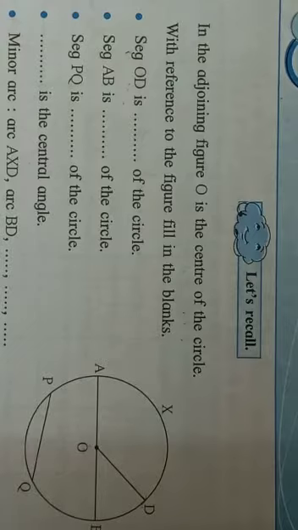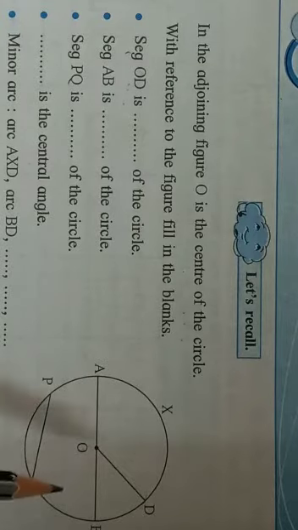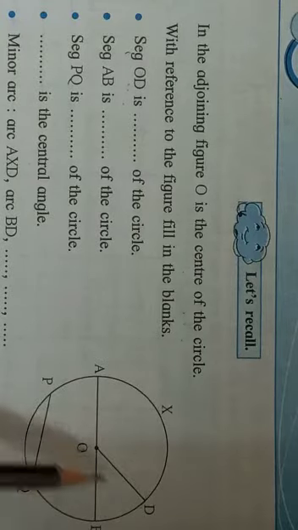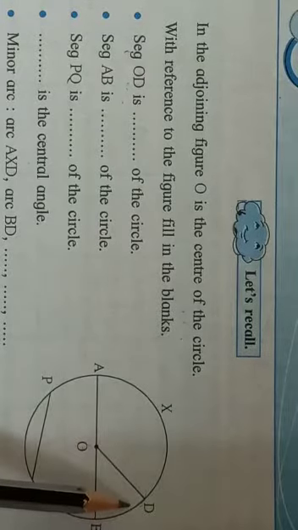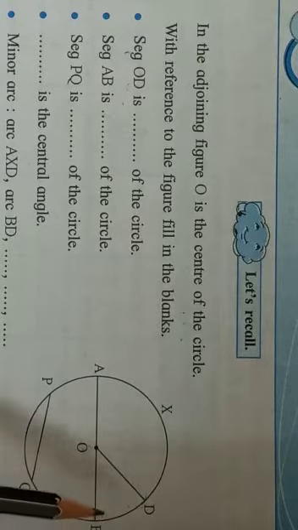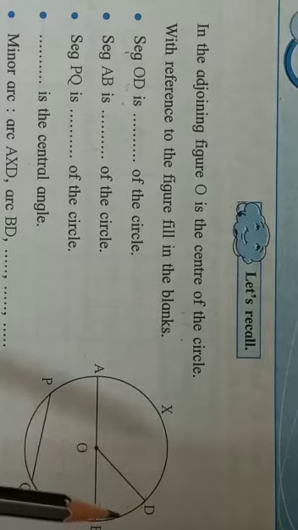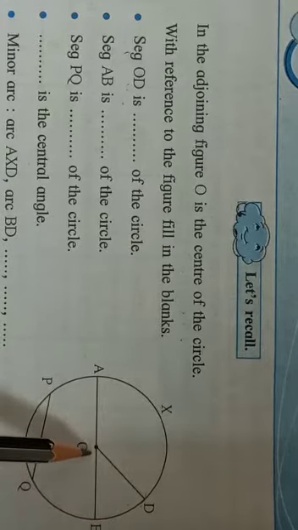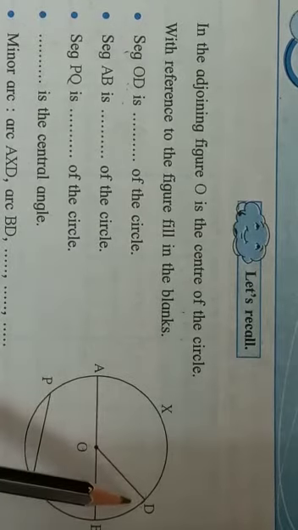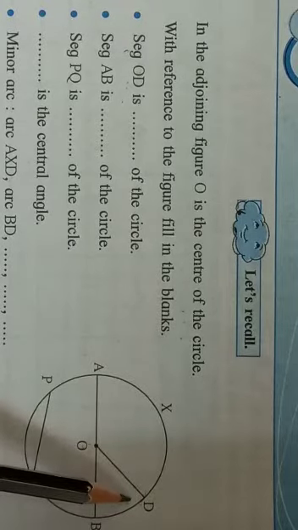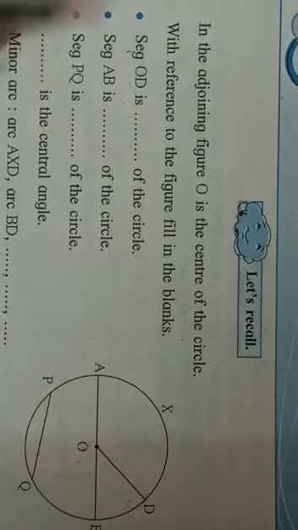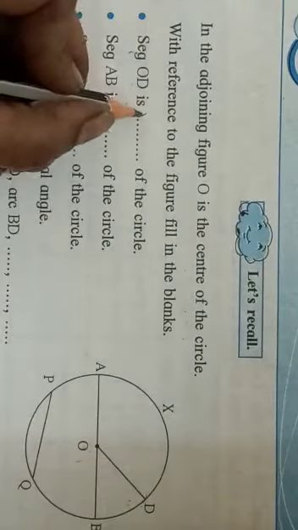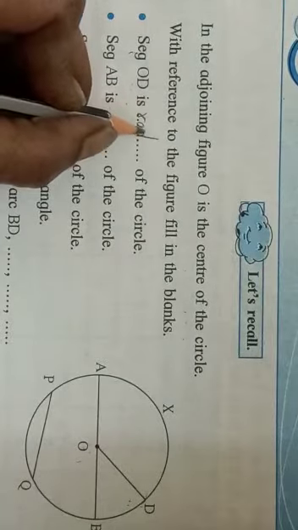So segment OD is called the radius of the circle. What is the radius of the circle? The radius is a segment joining the center of the circle and any point on the circle. So, segment OD is the radius. You will just write here radius.